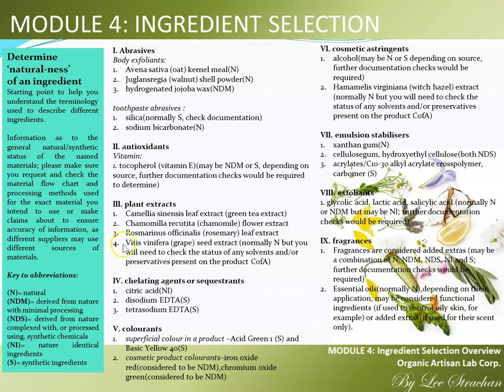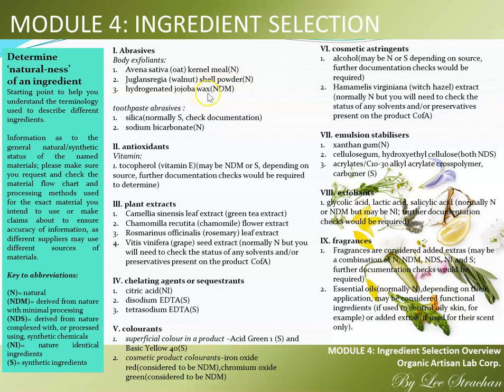Number one, for example, abrasive materials like body exfoliants. An example is Avena sativa oat kernel meal. That is considered a natural ingredient. Walnut shell powder, a natural ingredient. Hydrogenated jojoba wax.